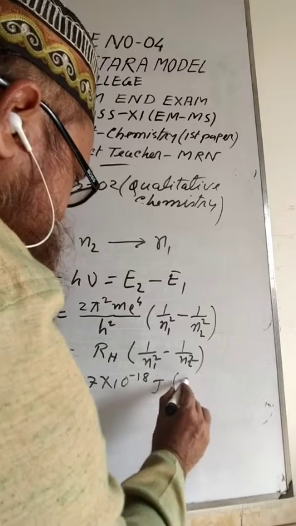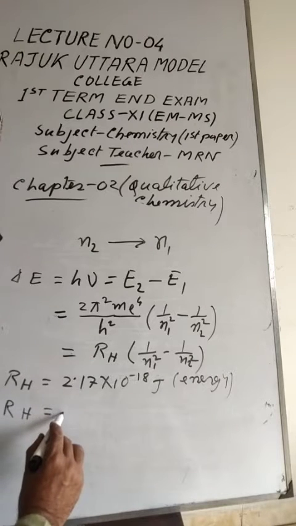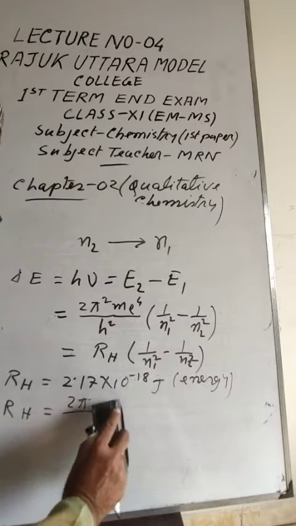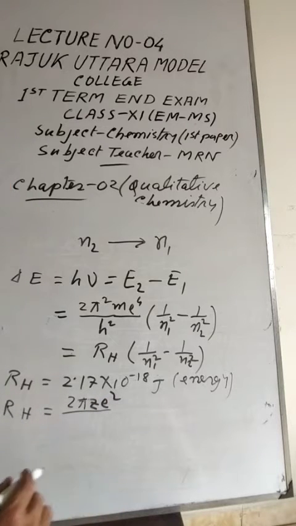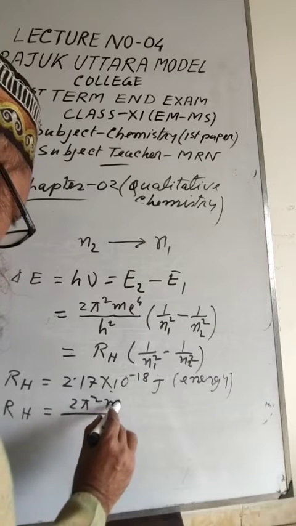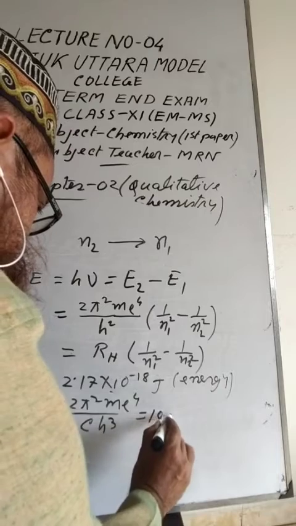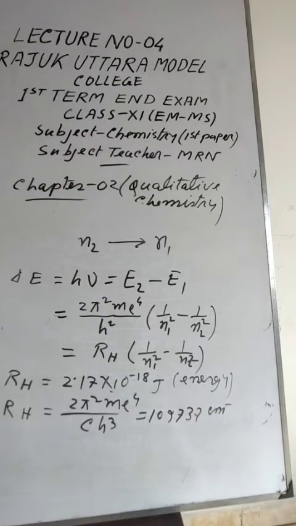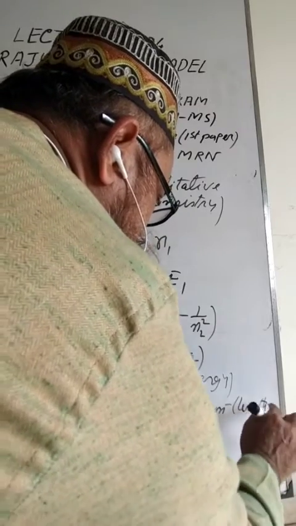When it is length related, another Rydberg constant formula is 2 pi square z square e to the power 4 m divided by c h cube, and its value is 1.09737 into 10 to the power 5 per centimeter. It is length related.